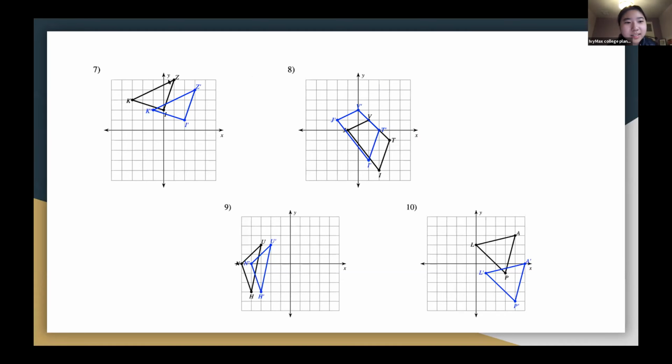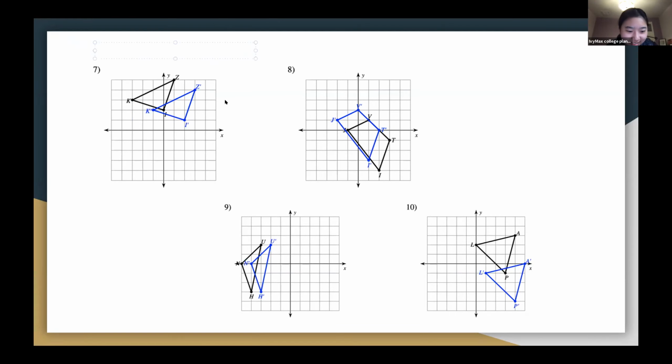Since the black one was the original one, you just count 1, 2, so 2 units down. And let's count again, 1 unit down. Okay, thank you.